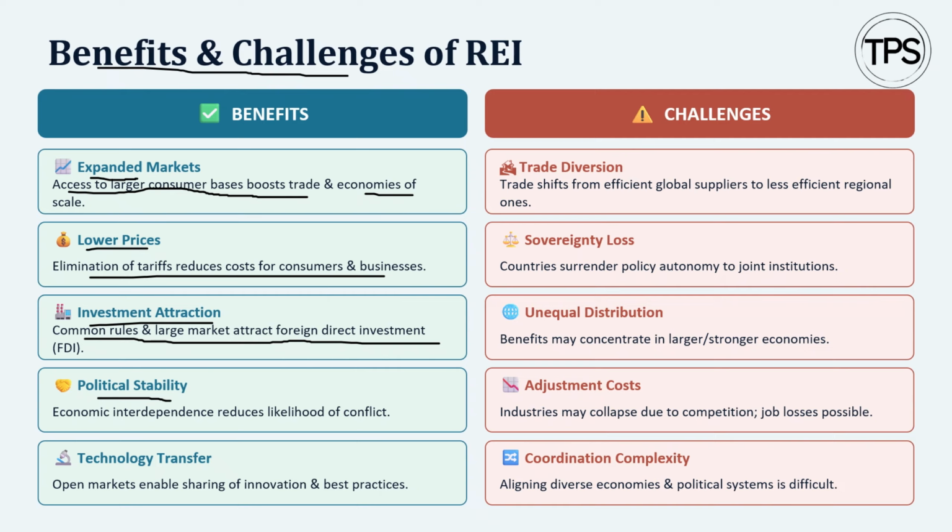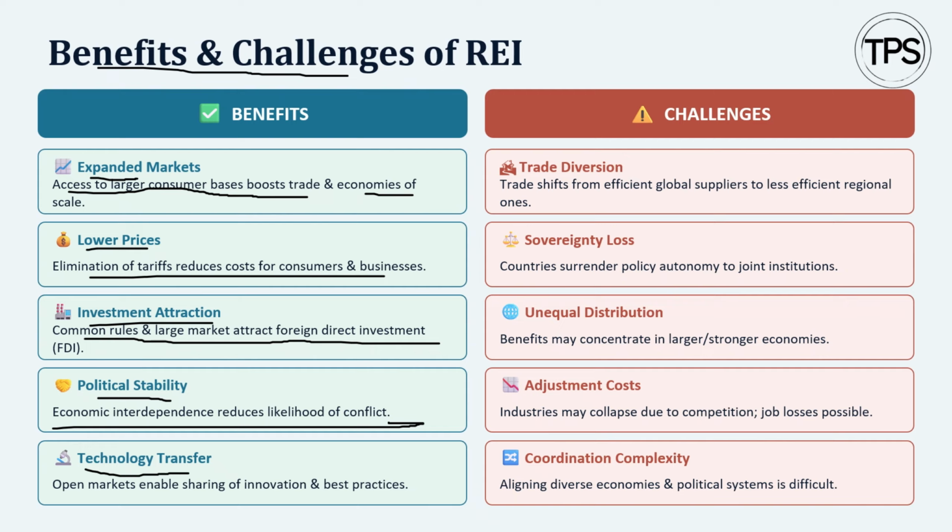Political stability: economic interdependence reduces likelihood of conflict, because economic interdependence from one country to another puts pressure on the government not to do anything that creates a conflict between these economies. That's why there is political stability between them also.